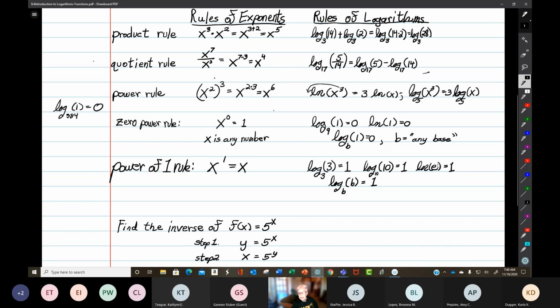The ln of E is 1 because the ln of E is really log base E of E. Since those two numbers are the same, the answer is going to be 1. Anytime you see the base and the argument being exactly the same, the answer is 1.